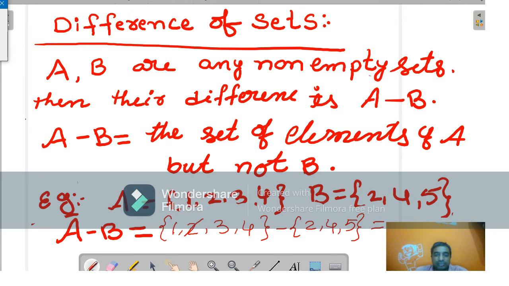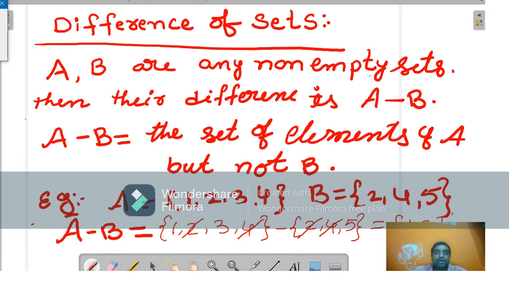The common elements 2 and 2 get cancelled, 4 and 4 get cancelled. The remaining elements are 1, 3. Here 5 is also remaining, but we should not write it, because A minus B means the elements which belong to A only.